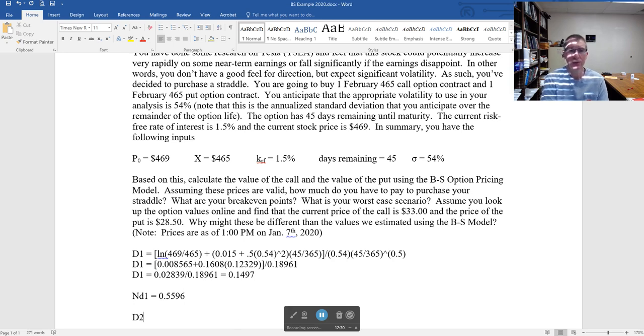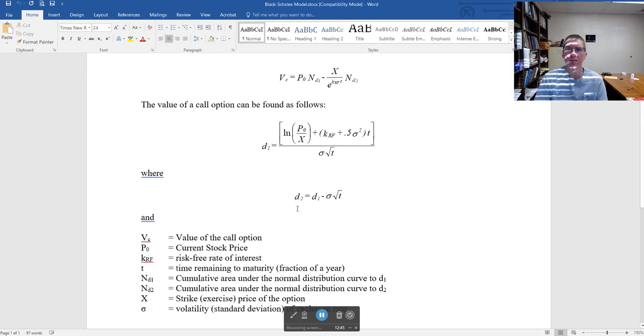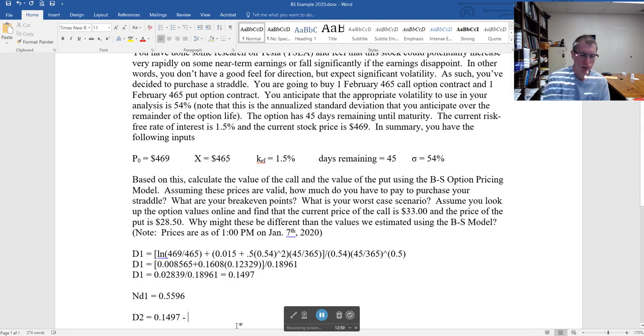Next, I need to get D2. D2 is equal to D1, which is 0.1497, minus, just to recap, the standard deviation times the square root of time. Standard deviation is 0.54, and again the square root of time is 45 divided by 365 raised to the 0.5 power.